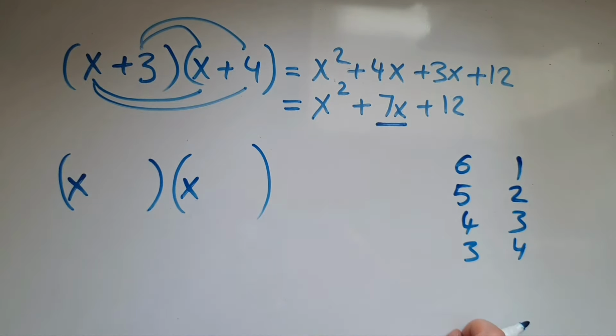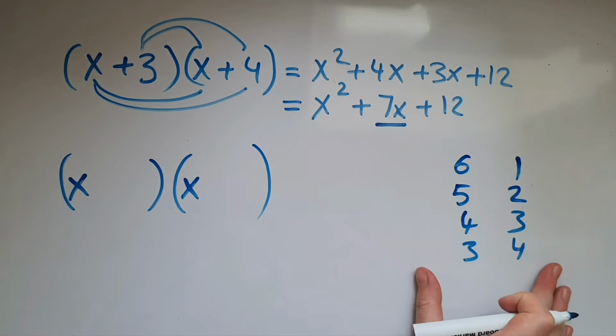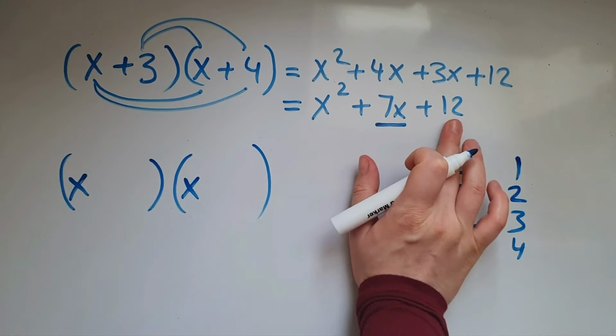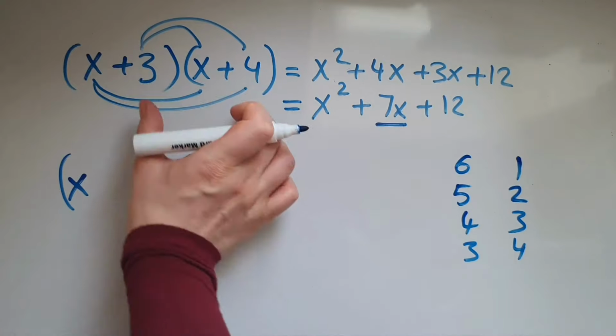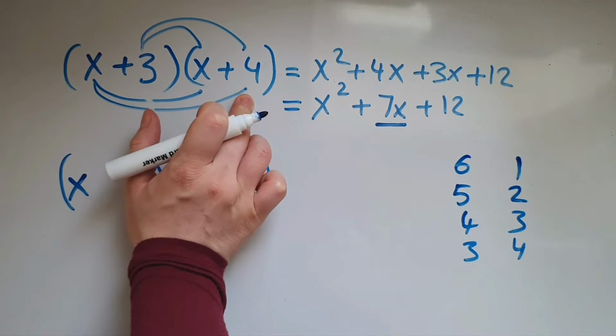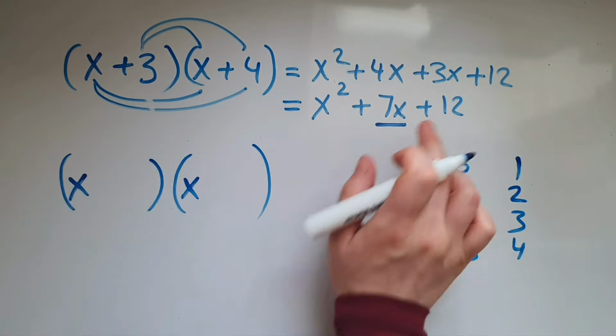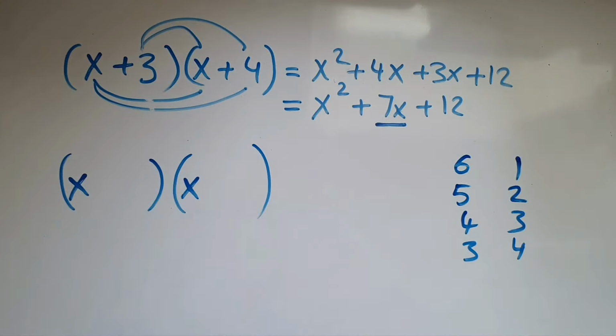When you also look at the 12, what's the relationship between these two numbers? What do you do to them to get 12? We multiply them.